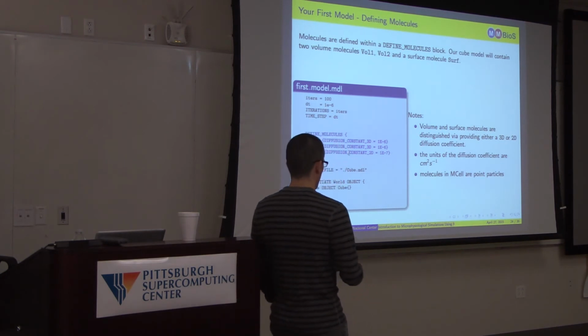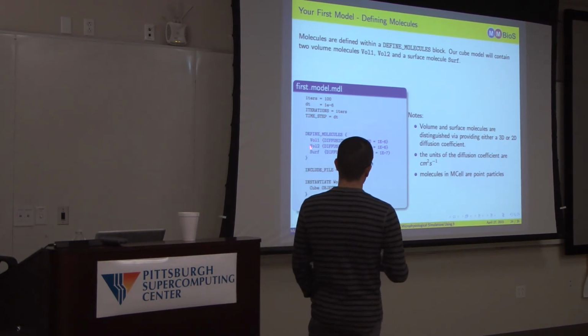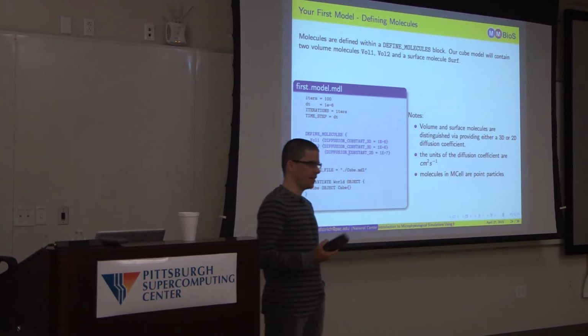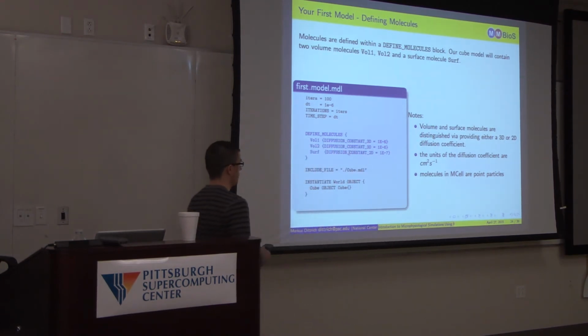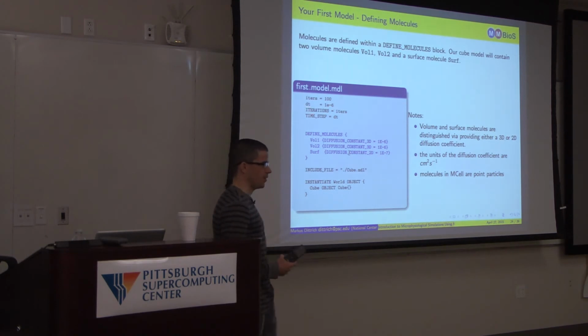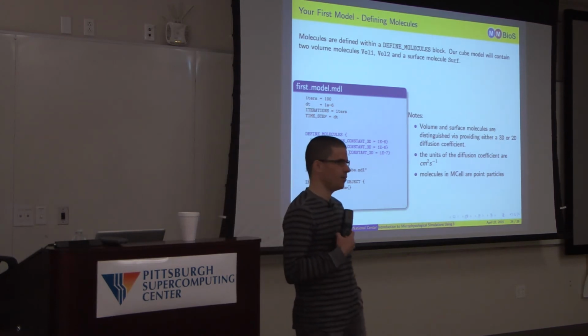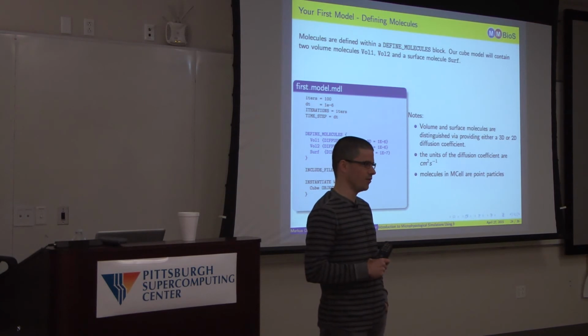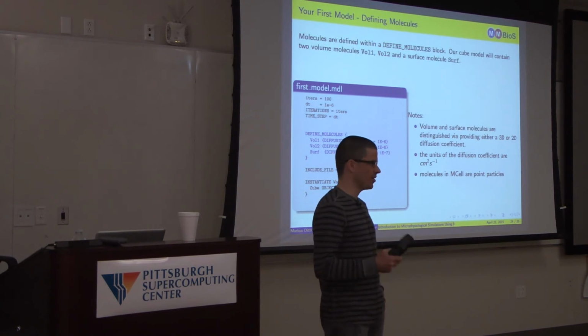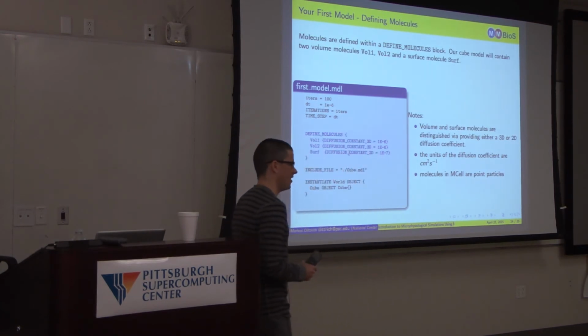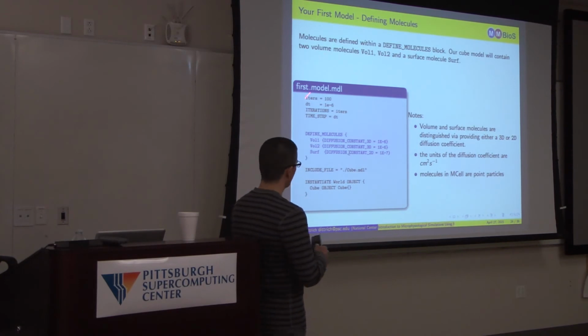And the names are basically free form, so you can choose whatever makes sense for your simulation. I would recommend to avoid all caps names, because all caps stand for a typically MCell keyword, so it's confusing to do that. If you don't actually use an MCell keyword, it's probably fine, but it's just better to not use all caps for names of molecules or reactions.